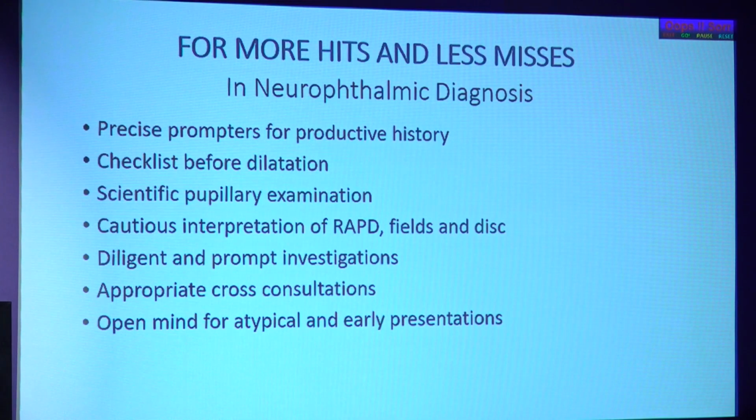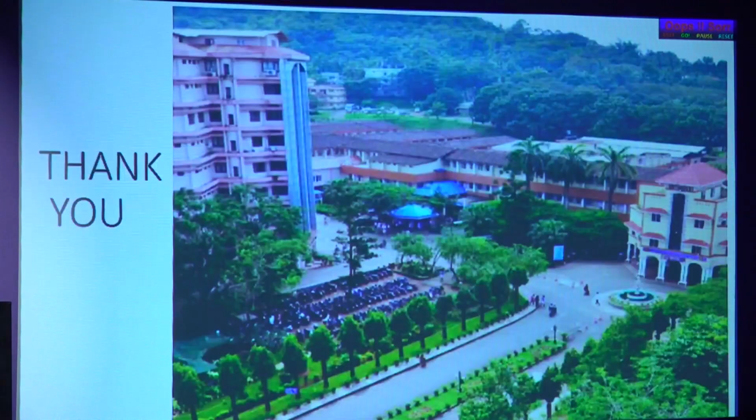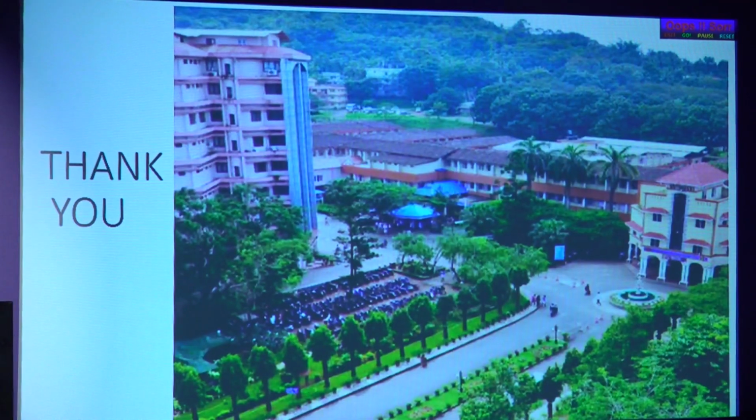Your interpretation of RAPD should be cautious, and in relation to the fields and the disc, you should be diligent and prompt in your investigation, make appropriate cross consultations whenever necessary, and always keep an open mind for atypical and early presentations. Thank you very much.